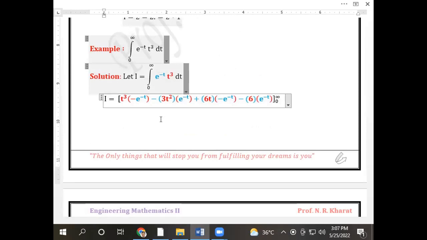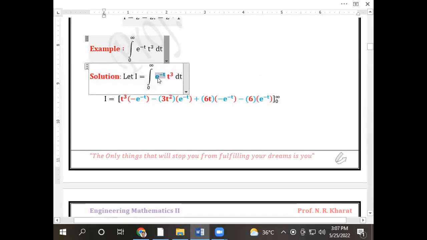Simultaneously, we integrate the e raised to minus t terms. The derivative of t cube is 3t square, then 6t, and the next derivative is 6.